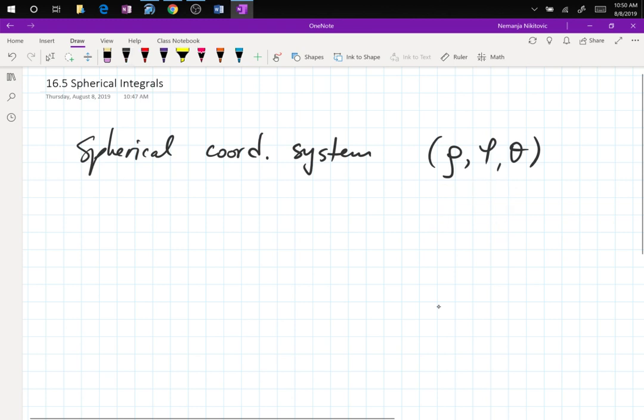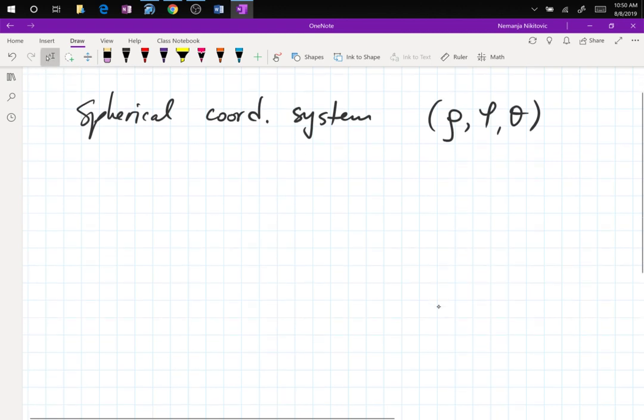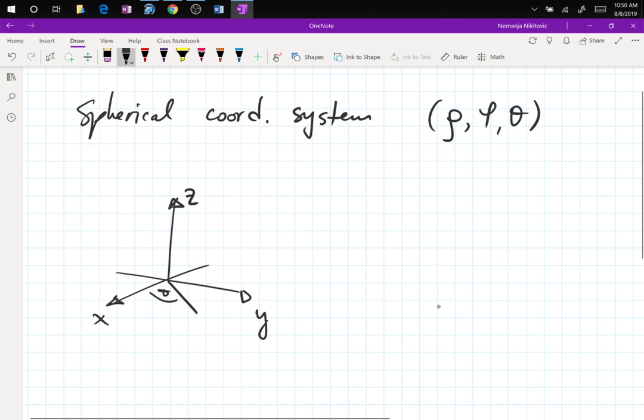So when you are thinking about these coordinates, x, y, and z, you will have some angle theta inside the xy plane. Then you would have this distance over here to be rho.